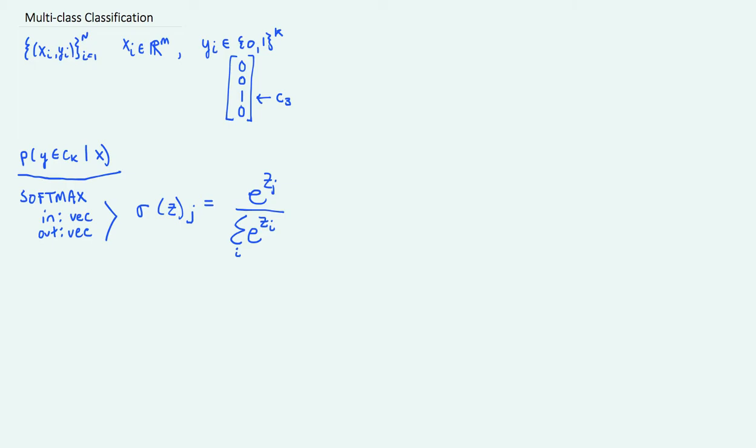So for example, the softmax of the vector 1, 2, 3 is going to be approximately equal to 0.09, 0.24, 0.67.